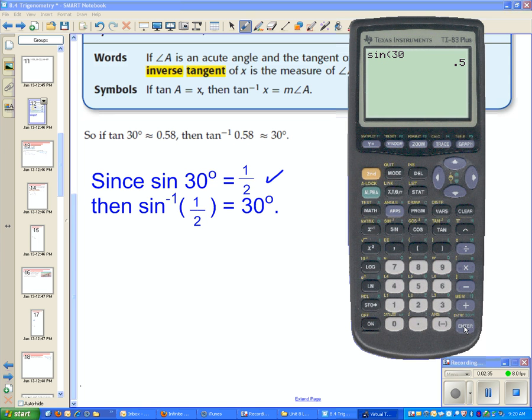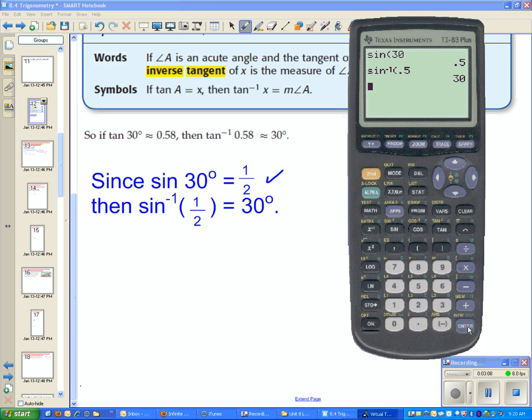Now notice on your sine button on most calculators, above the sine button in yellow on mine, it has sine with a -1 on it, inverse sine. So if I hit the second button and then the sine button, I get inverse sine. So if I do the inverse sine of 1/2, it had better give me 30.